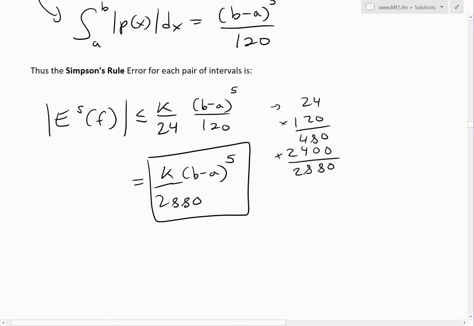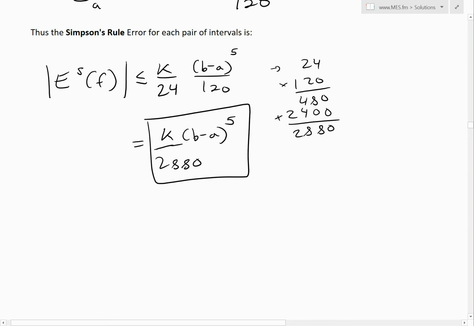I'll circle that. And again, our K value is greater than or equal to the fourth derivative of f for x in the domain from A to B.